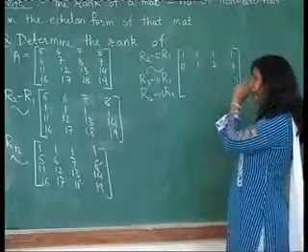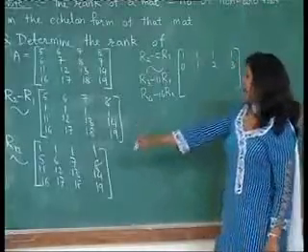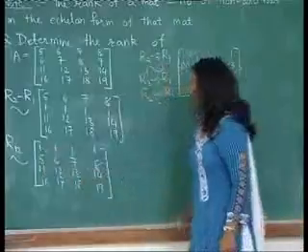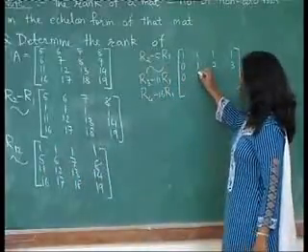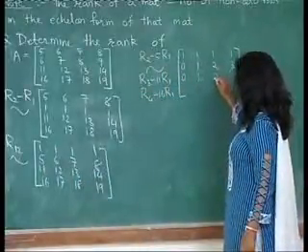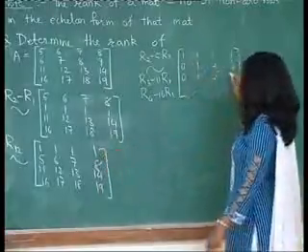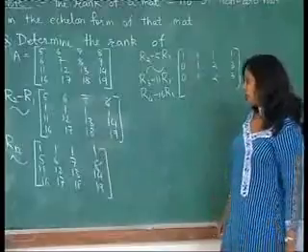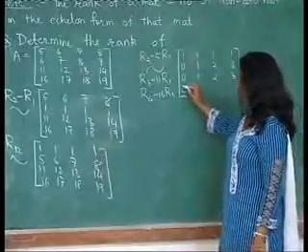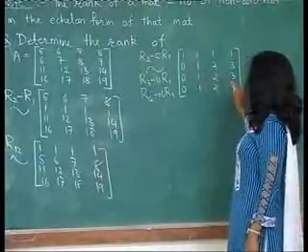Then we have R3 minus 11R1: 11 minus 11 is 0, 12 minus 11 is 1, 13 minus 11 is 2, 14 minus 11 is 3. And in the last row, I get 0, 1, 2, 3.